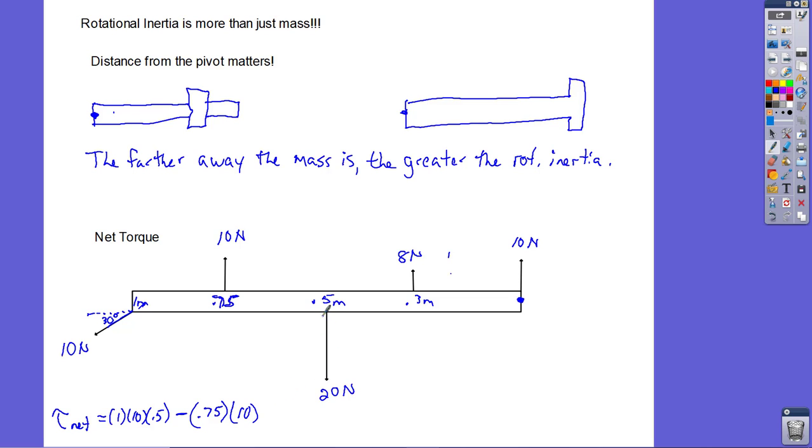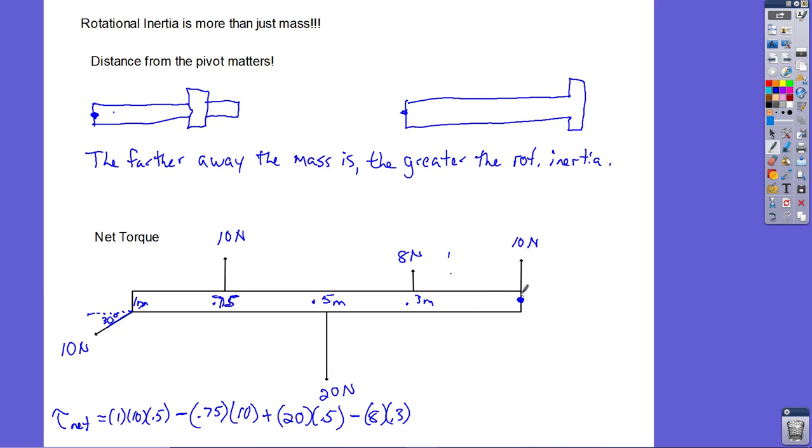Okay, this is going to produce a clockwise torque equal to 20 times 0.5. Excuse me, this one's going to be a clockwise torque. This one, the 20 Newton force, is counterclockwise. So minus 8 times 0.3.